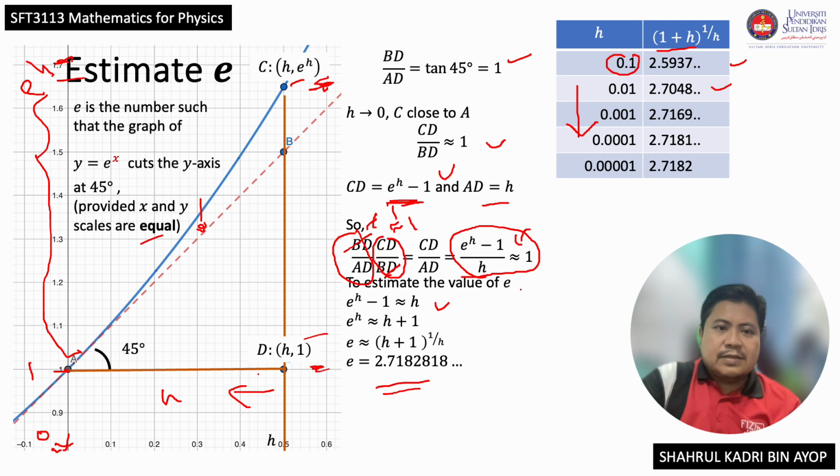Because when h is small enough, this triangle fulfills the definition, that e is the number such that the graph is at 45 degrees. So we get e equal to 2.7 and so on, because it is an irrational number.